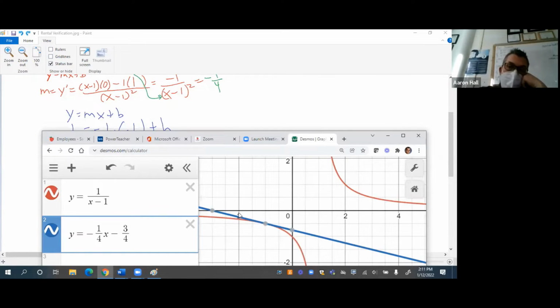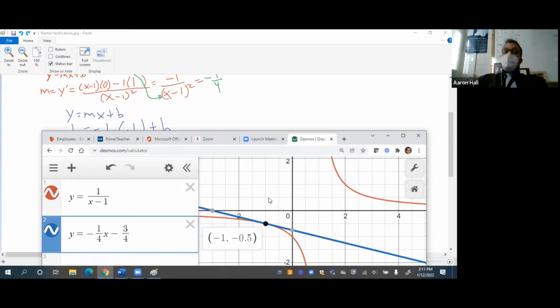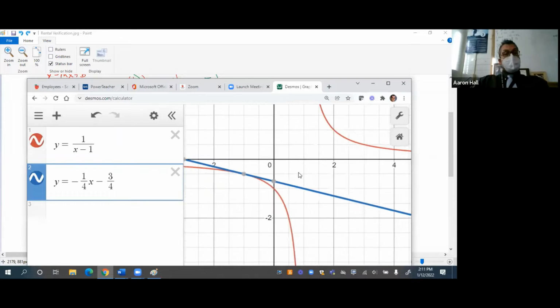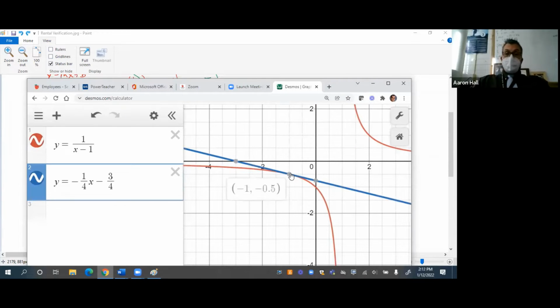Why would an approximation for the red graph only be effective using the blue graph for values around the point of tangency?